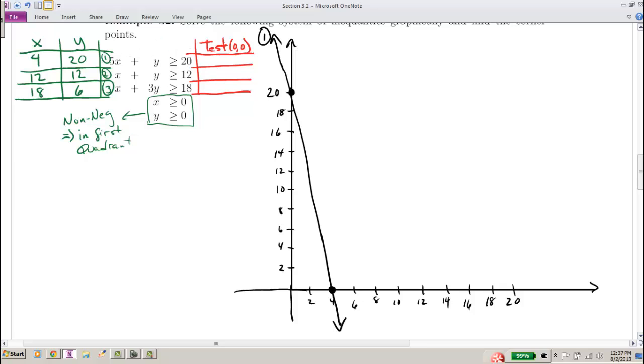So if we plug 0, 0 into the first inequality, we'll get 0 on the left-hand side. 0 greater than or equal to 20 is false, which means we're going to be shading the side that does not contain the origin.